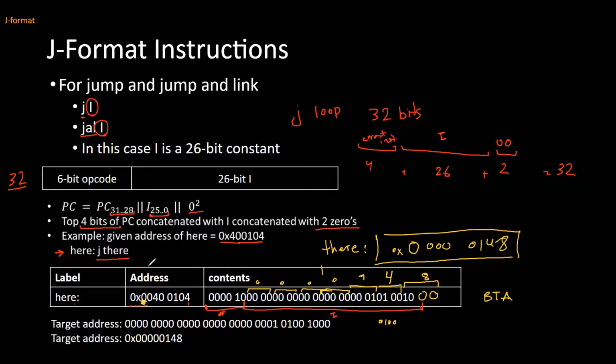So if you remember, our memory addresses were ending in 0, 4, 8, or C. 4 is 0, 1, 0, 0, 8 is 1, 0, 0, 0, and C is 1, 1, 0, 0.